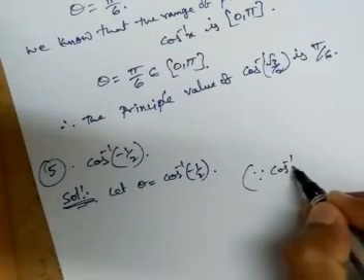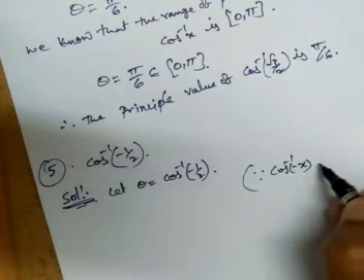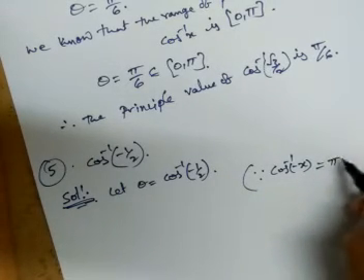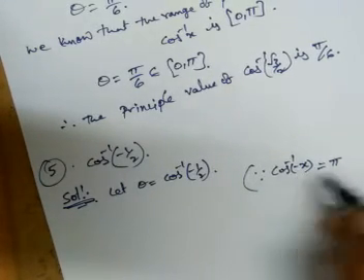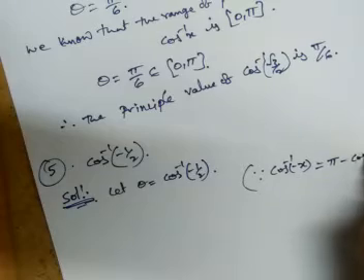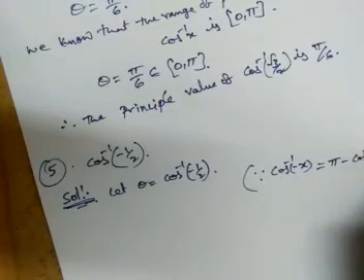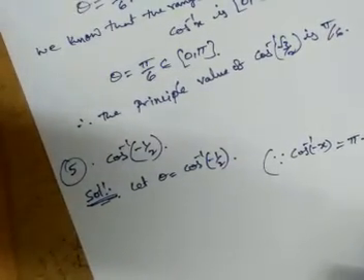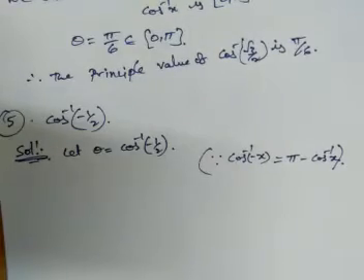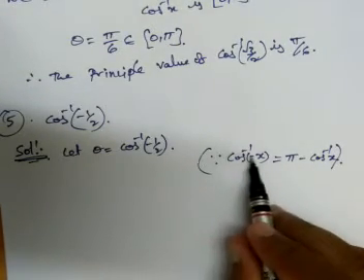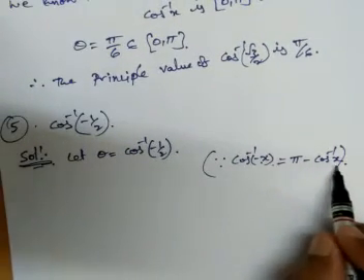If we have a negative term here, then we apply the formula cos inverse of minus x equals pi minus cos inverse of x. Already I have given the formulas for all these things. So cos inverse of minus x equals pi minus cos inverse of x.